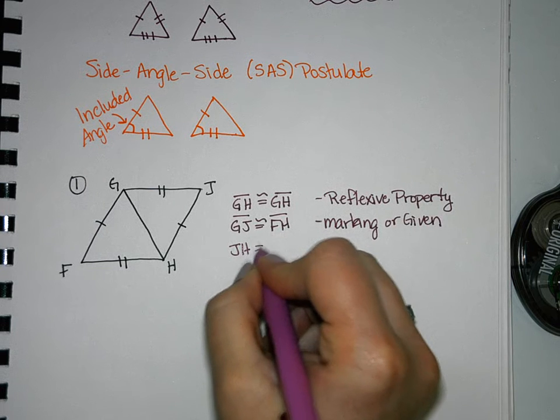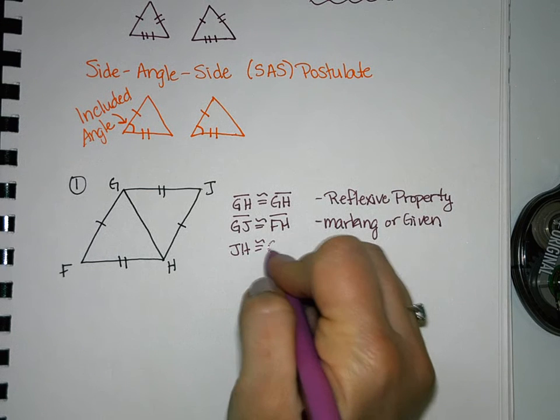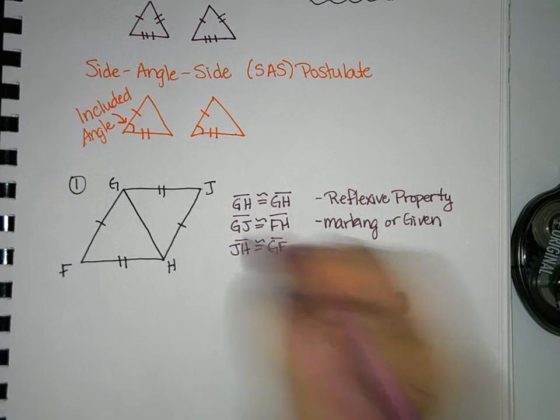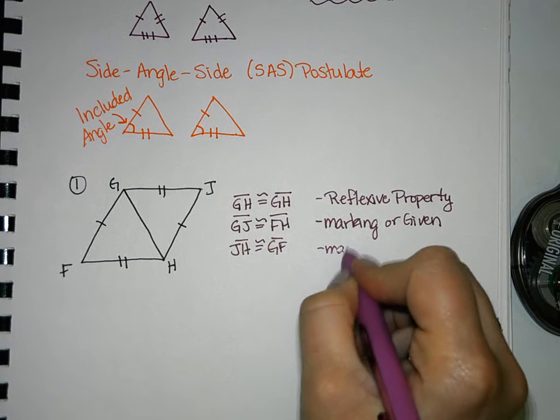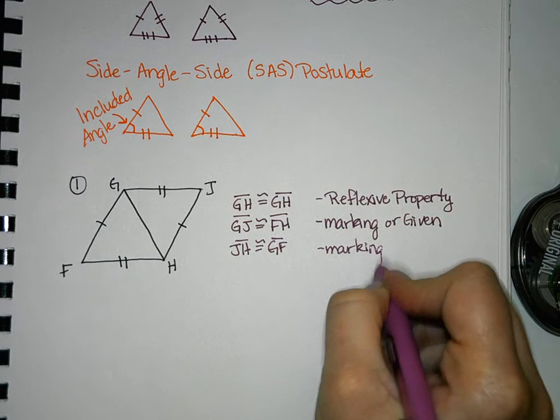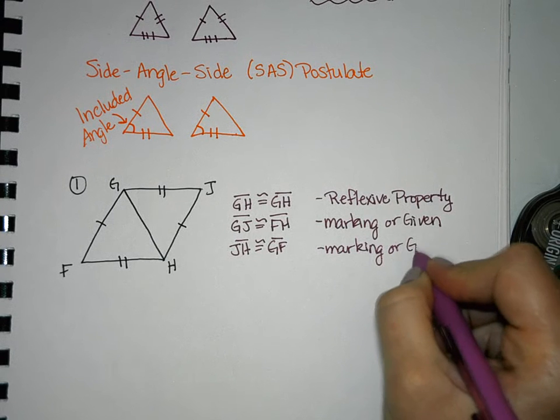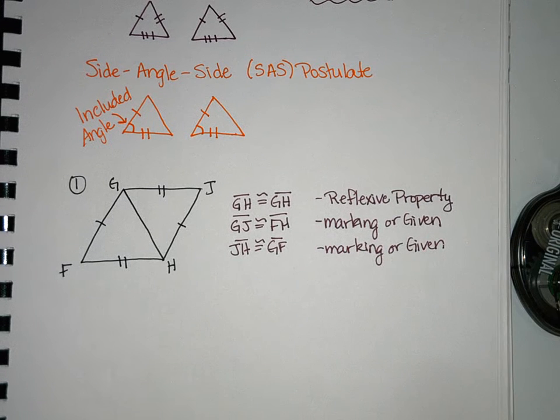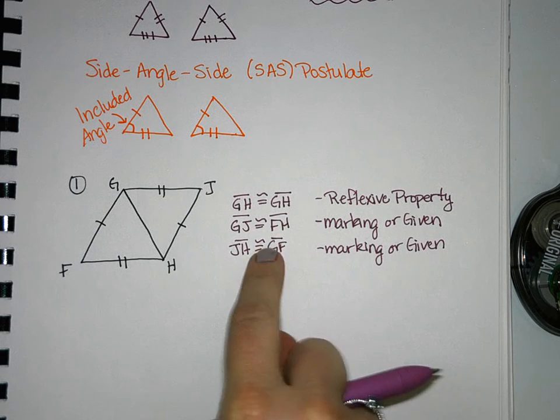JH and GF, because again they have markings, so we know that because of the marking or the fact that it's given to us in the picture. So did we list out 3 sides that we know to be congruent? Yeah, we have 1, 2, all 3 sides.